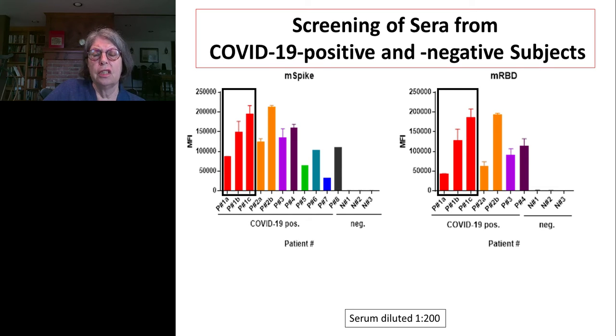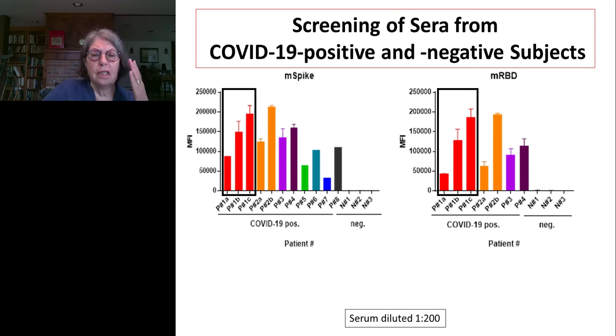And you can see that in a very short time, in a period of 1 week, from 8 days to 15 days, as is shown over these 3 bars, the level of antibody is going up dramatically, both to spike and to RBD.